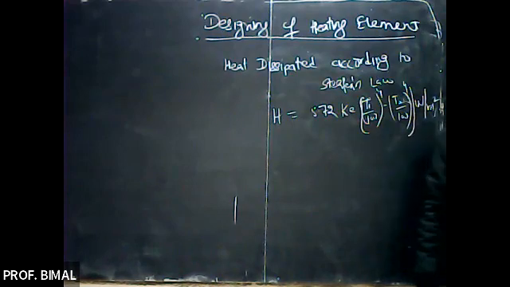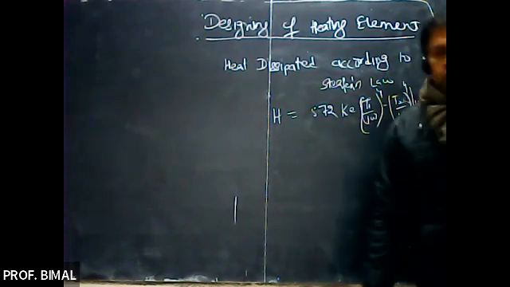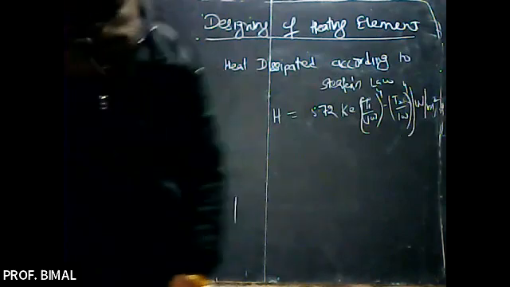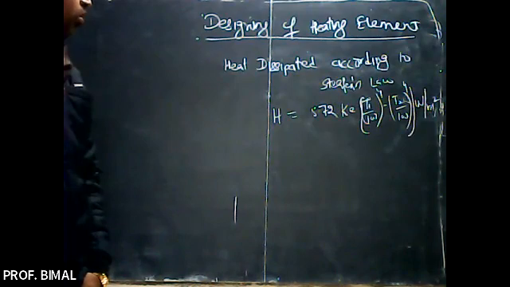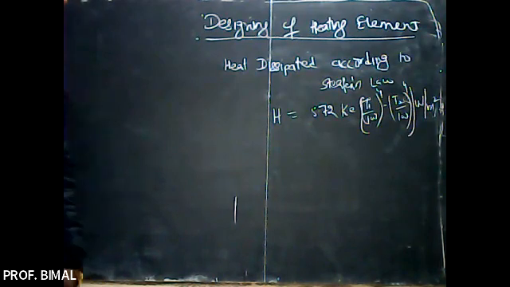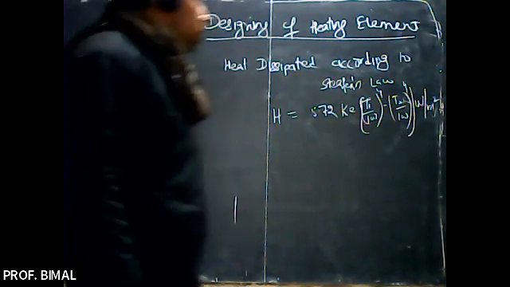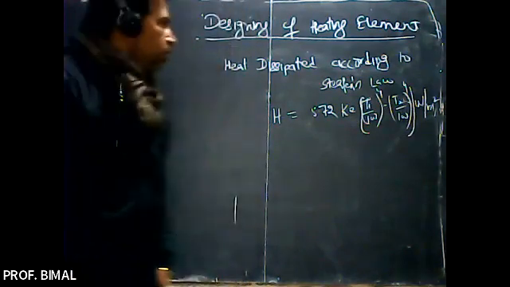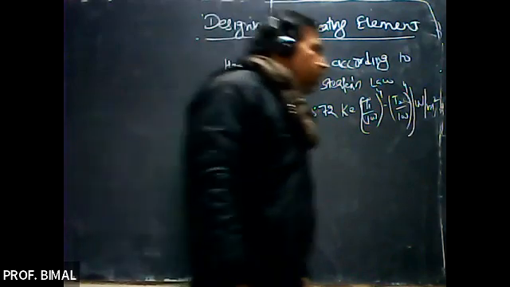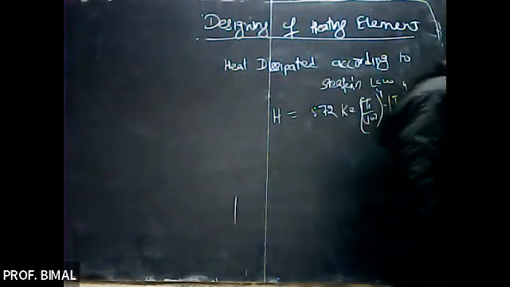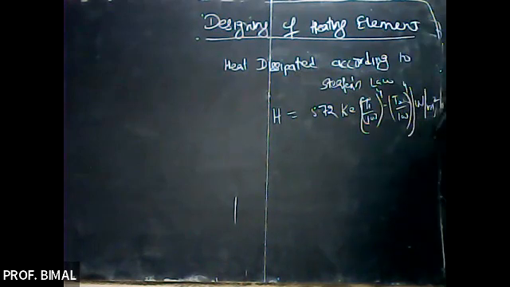So heat in the form of radiation will be given by this Stefan's law, H = 5.72 K e [(T1/100)^4 - (T2/100)^4] watt per meter square, right?